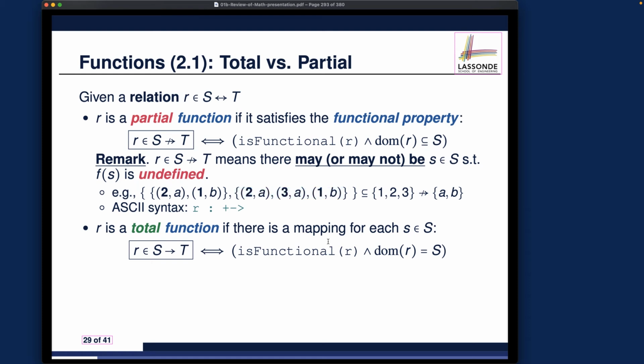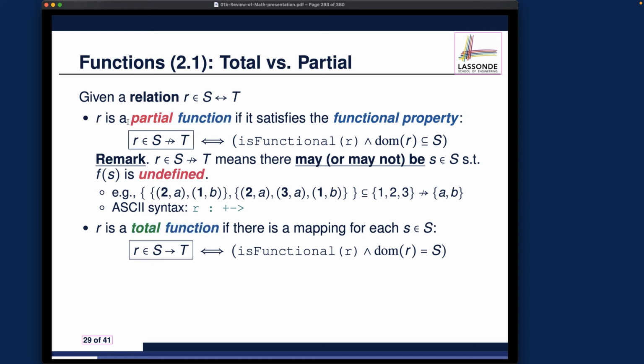All right. So the formal definition is R is a member of the set of all possible total functions if and only if, first of all, the functional property must be satisfied, that's for sure. And for the domain, now we are being stricter. It must be exactly equal to S, right? So now you can see very easily that a total function is a partial function.